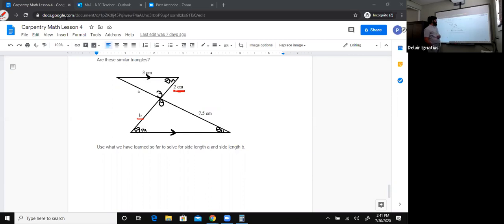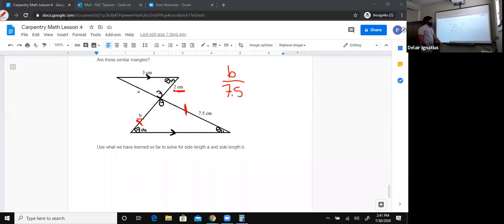So what sides do we know? Well, we know lots of proportionalities. Let's start writing one we know. We know that B over, let's say the ratio of this side to this side, two sides we know or want on the bottom triangle, is equal to 7.5.